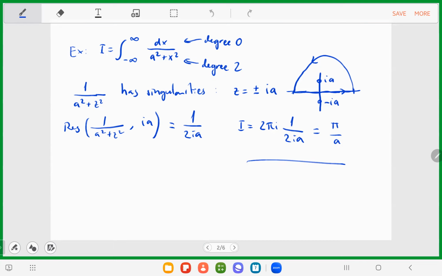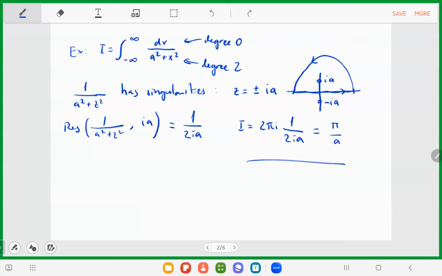And since the numerator is analytic, the exponential of imz is analytic and it's not 0 at this point, then the singularities are the same 2 points and also simple poles. So again, the same as in this example, ia is inside, minus ia is outside.